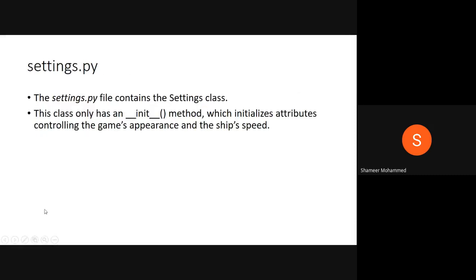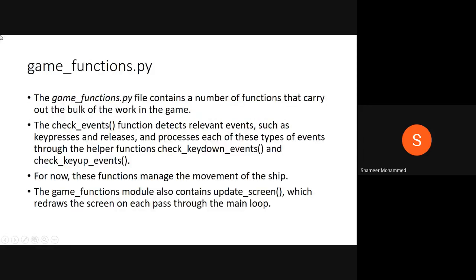Settings.py contains the settings class. Inside that, you are initializing how your game should appear: what is the background color, what is the width of your window, and the ship speed. Game functions will have checking the events, whether I press the quit button, whether I press the right arrow key, left arrow key, like that.